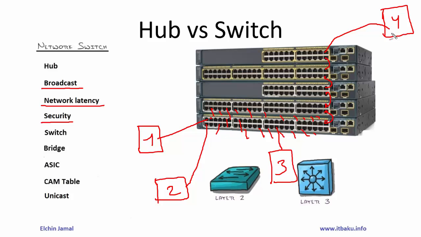Of course, computer number 4 is not connected to this hub. It's connected to another hub. So this hub sends information to all its ports, even to the uplink port. These are called uplink connections or uplink ports. Uplink ports are used to connect one switch or hub to another. The broadcast signal comes out of the uplink port as well.